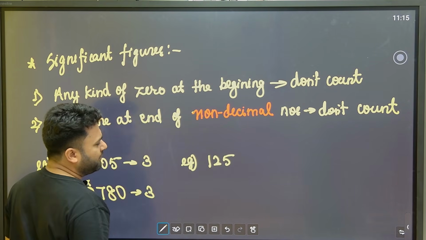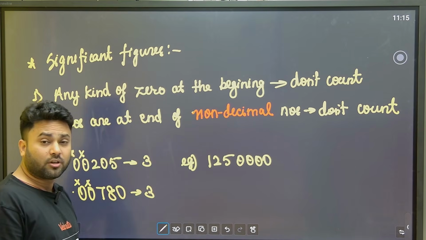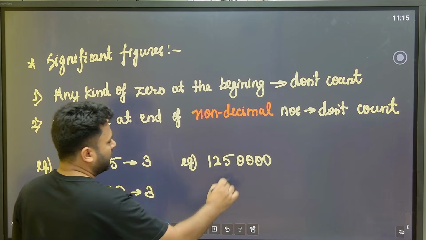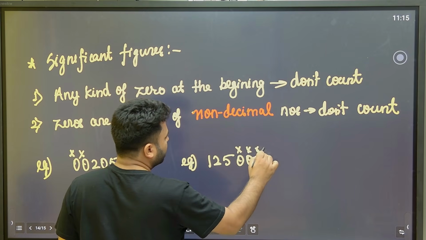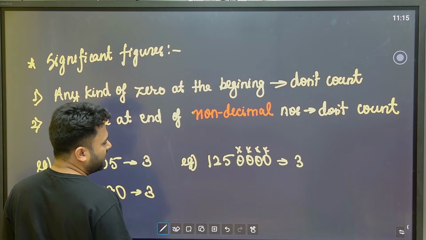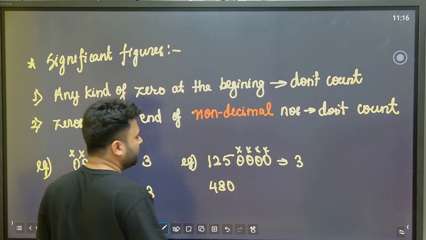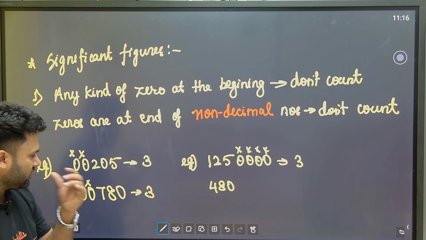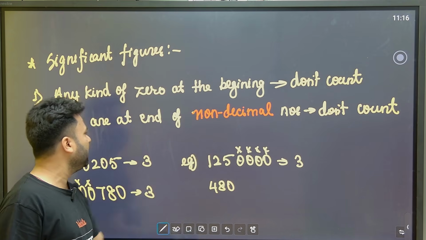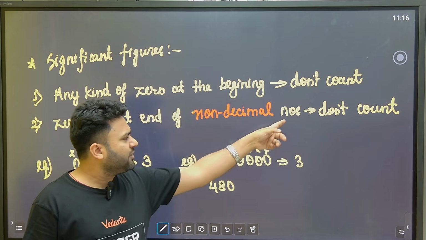This is a non-decimal number and zeros are at the end. Don't count these. So this will be 3 significant figures. If someone gives 4480, how many significant figures? This is a non-decimal number. If zeros are at the end of non-decimal numbers, don't count.